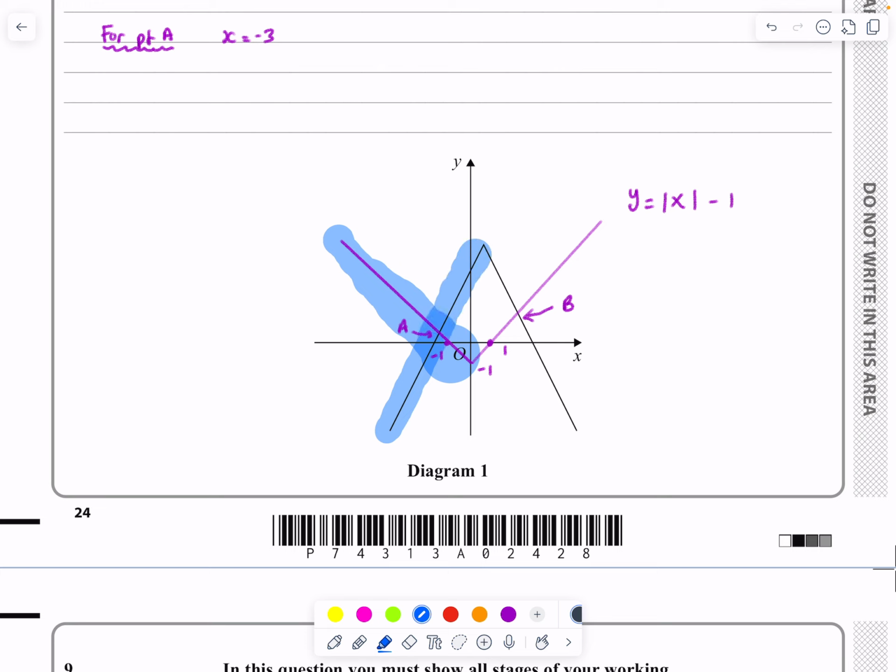So if that's true, when I'm trying to work out what I'm going to equate to each other, for my modulus x minus 1, rather than taking the positive one, I'm going to take the negative gradient of that.